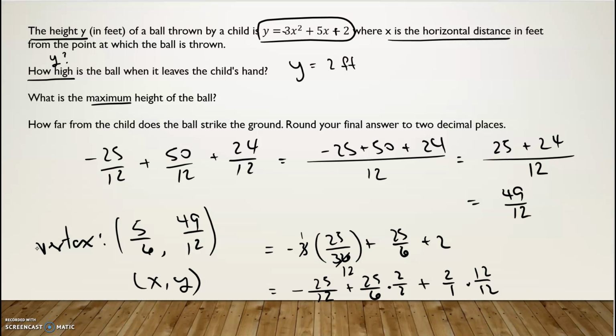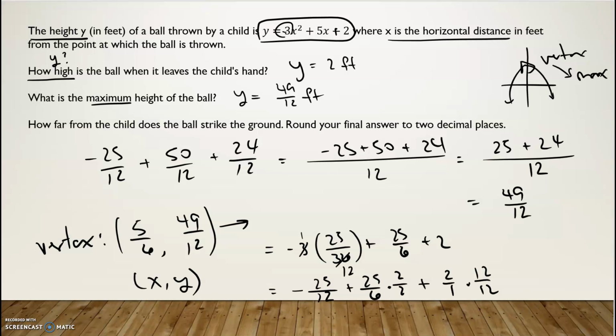So when it says what is the maximum height of the ball, we know that this is a maximum because the number right in front of x squared is a -3, and if it's negative, then we have a parabola that is opening downwards like this. So here's our vertex, which means it's going to be a maximum. Okay, so the maximum height of the ball is 49 over 12 feet.